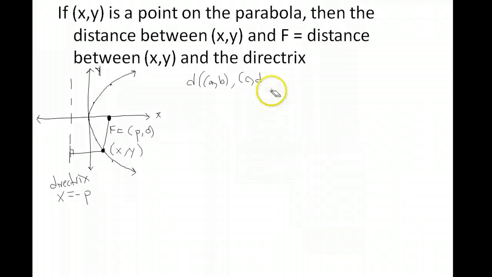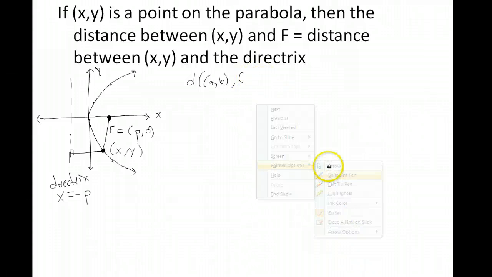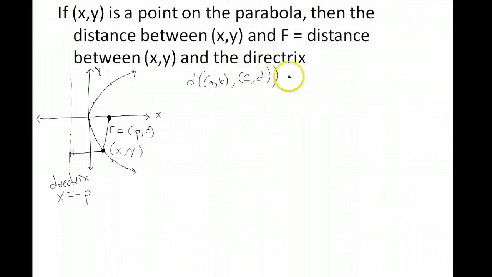This is awful. It's almost like it has a bad day or something like that. Okay, let's see. C, D. There we go. This is equal to the square root of A minus C squared plus B minus D squared.